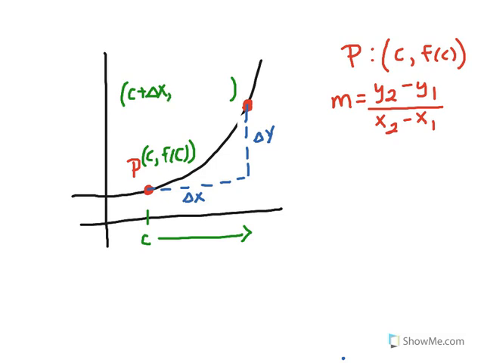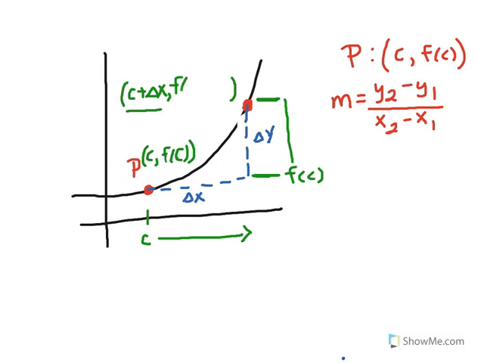And my y value, which would start here at some y value, which is f of c, would be subtracted from this value up here. So this could be represented another way by taking this and just plugging it in to my function. So I could say this distance, this y distance, is the same thing as if I took my x value, which is c plus delta x, and plugged it into my function.